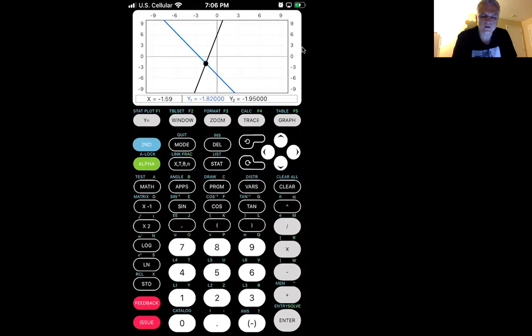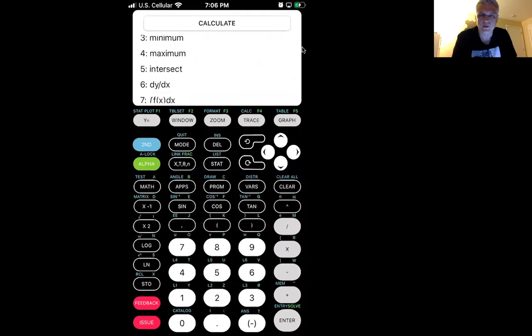You would hit second, the blue button, and then trace, which is calculate. So second trace gives you this right here. Then you notice that number 5 says intersect. Okay, so either choose 5 and hit enter, or just hit the number 5.